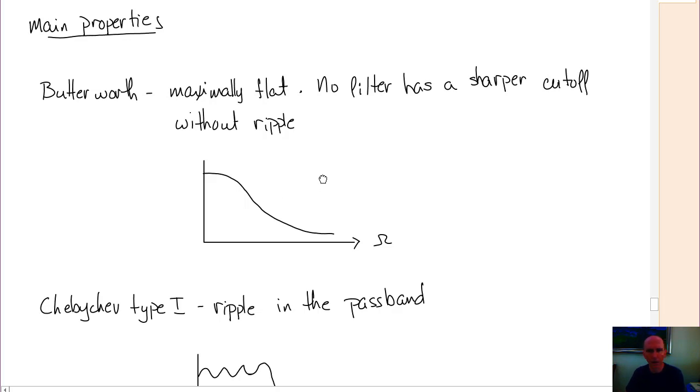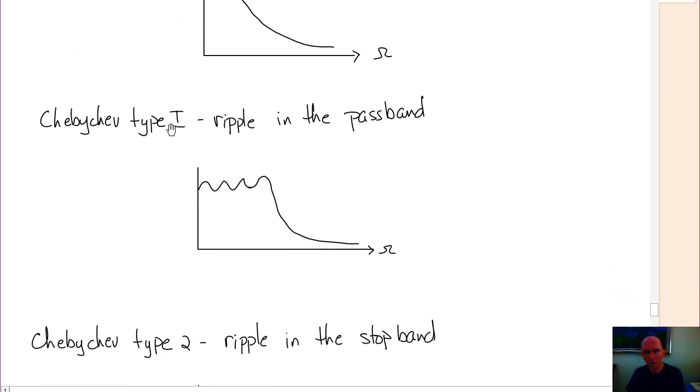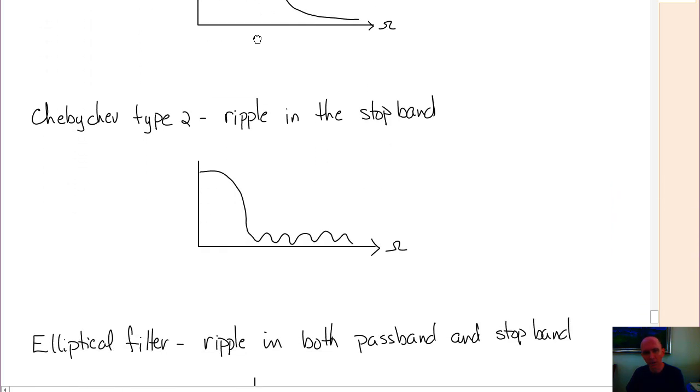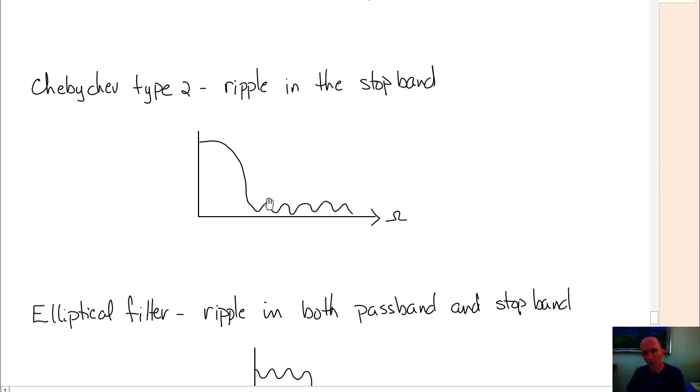Now, Chebyshev type 1 has ripple in the passband. The cutoff is faster than in the Butterworth filter, so it goes down faster than here, but it has ripple in the passband. As you can imagine, Chebyshev type 2 is very similar, except it doesn't have ripple in the passband, it has ripple in the stopband. And so again, it cuts down faster.